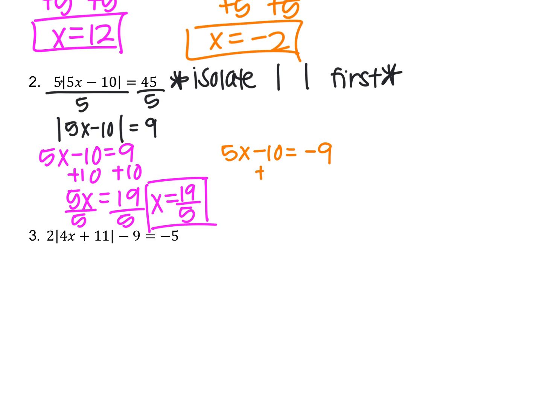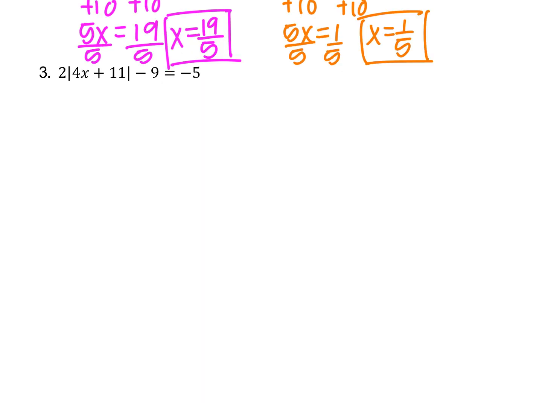And then we will add 10, but this time we're adding 10 to a negative 9. So we will have 5x equals 1, so x equals 1 over 5. So once again, two answers, one for a positive 9, one for a negative 9.